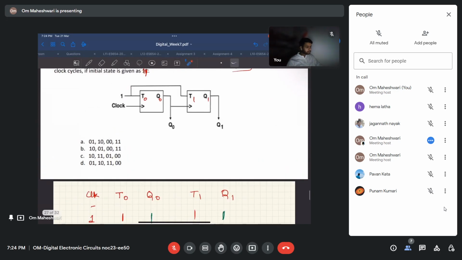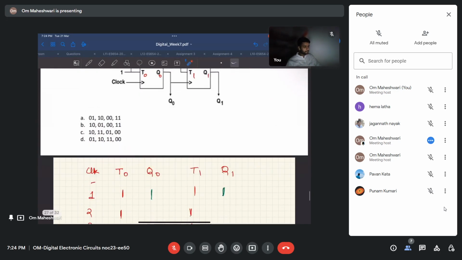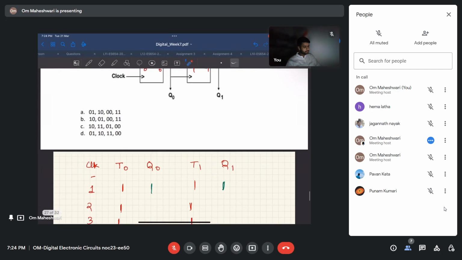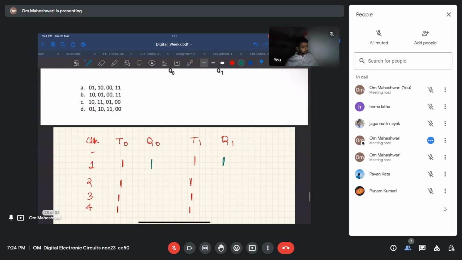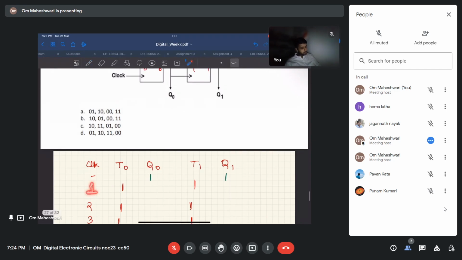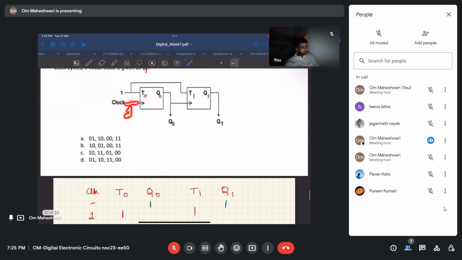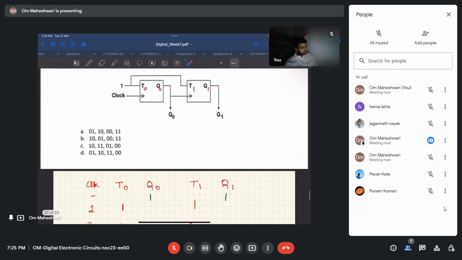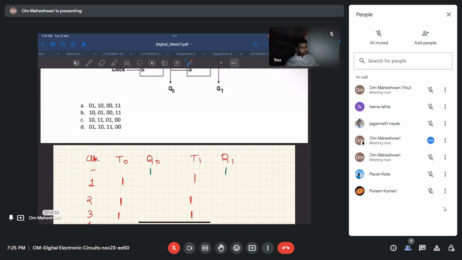So let us see. Initially we had 1 1. As soon as the first clock cycle arrives, it will see that T was 1. So earlier it was 1, it will go to 0, right? So this one will go to 0.